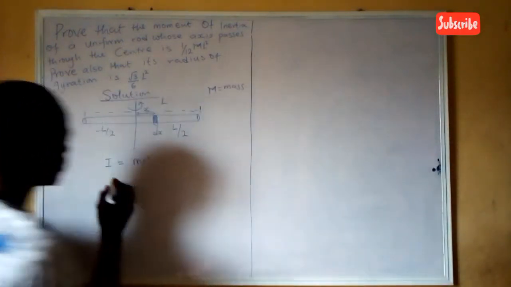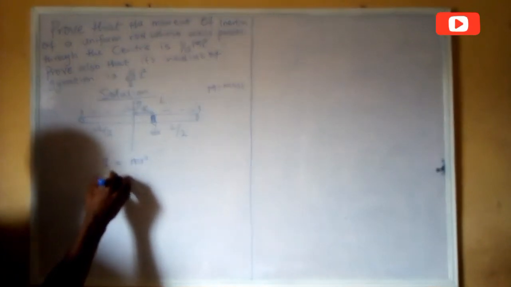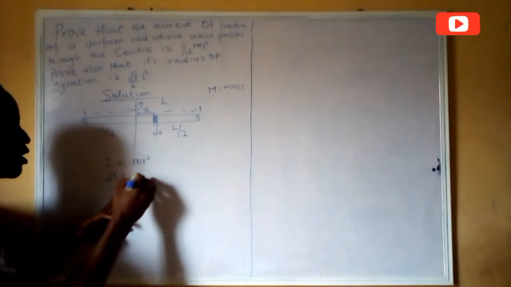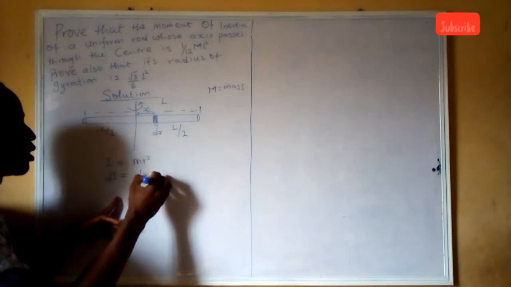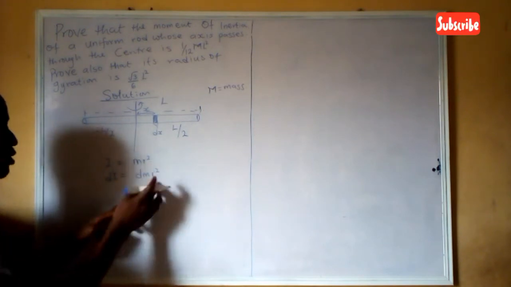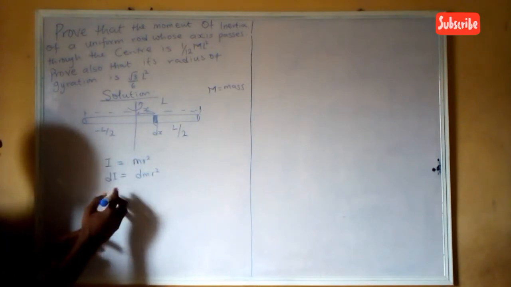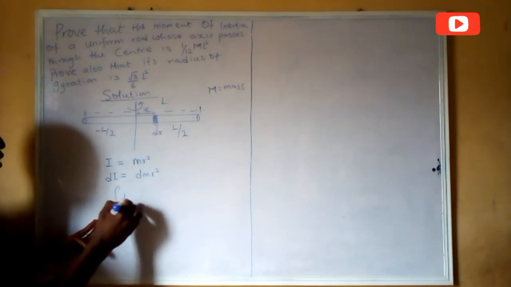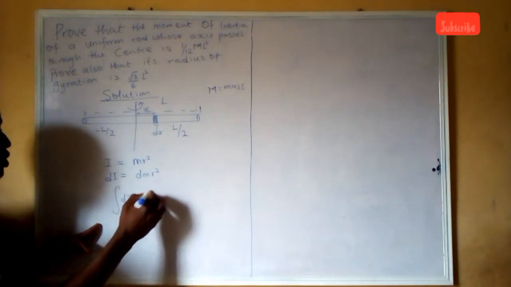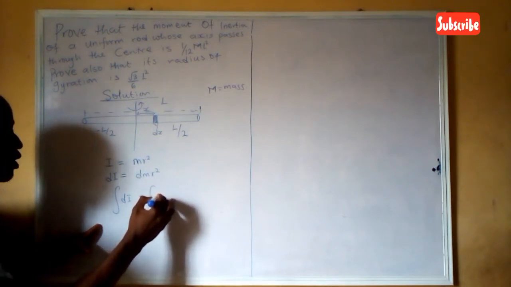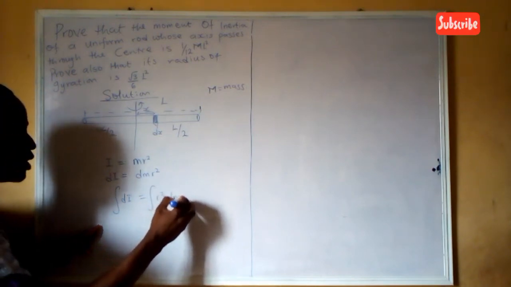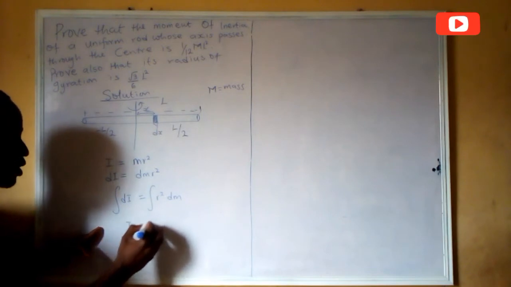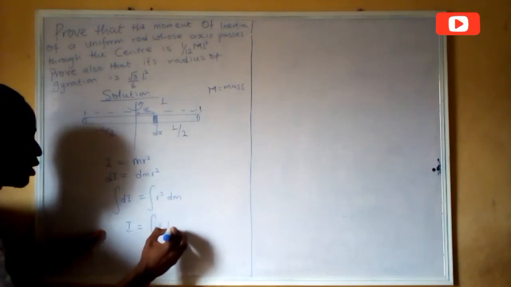We know that if we have a small mass dm and the radius of the mass from the center, that will give us the integral of dI equals the integral of r squared dm. So that gives us I equals the integral of r squared dm.